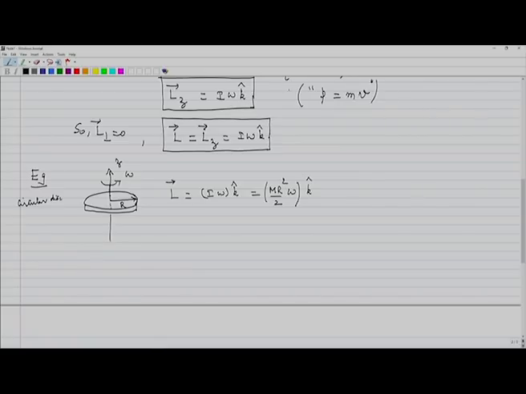Now I can do a slightly different problem. This is example 2. In the earlier problem, we coincided the z axis with the symmetry axis of the body. Suppose the z axis lies outside, and we have the same situation, the same body.